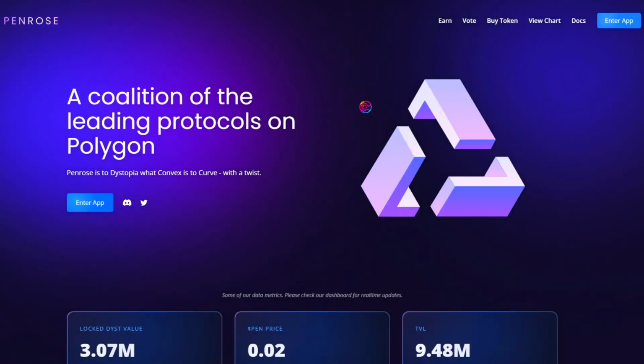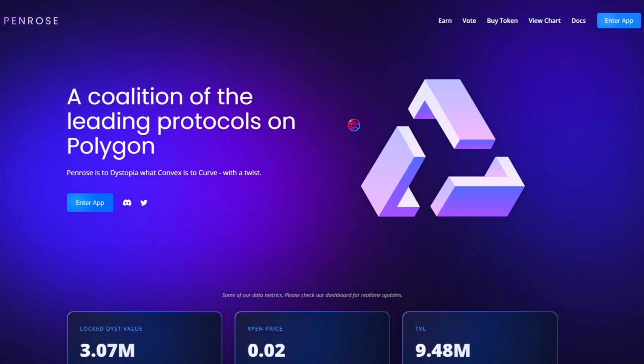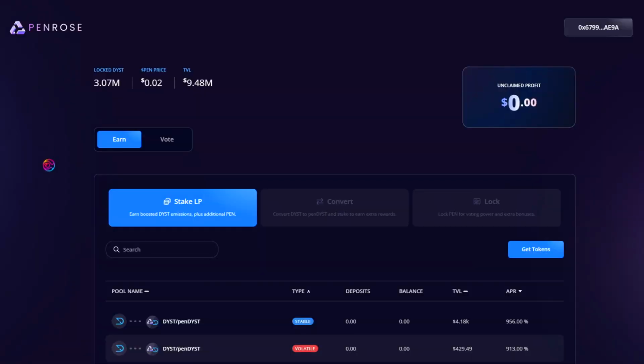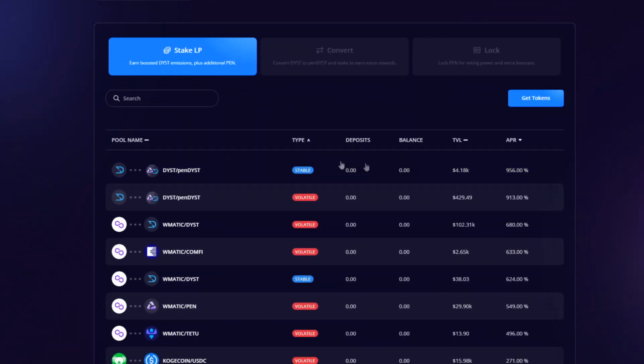That is exactly why Penrose was built. Penrose aggregates locked DYST so that when you stake your Dystopia LP into Penrose, you receive a maximized APR on all liquidity pools. That is why it is more profitable for you to stake your Dystopia LP into Penrose. You will receive the maximized yields on your LPs.